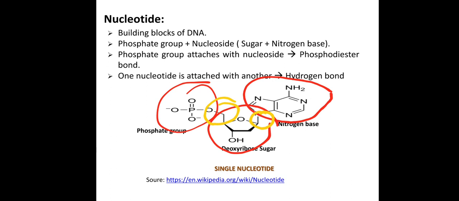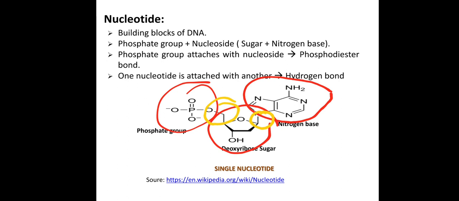So that means both the phosphate group and nitrogenous base are attached to the sugar. Okay, so it is a pentose sugar backbone of the nucleotide. So each nucleotide is formed of one phosphate group, one sugar and one nitrogenous base.